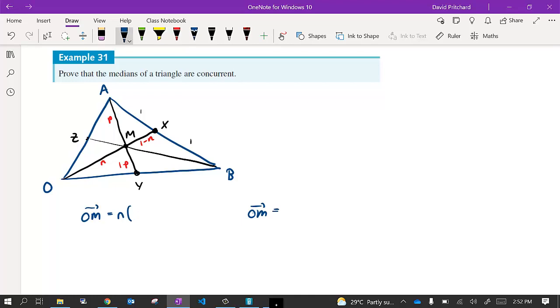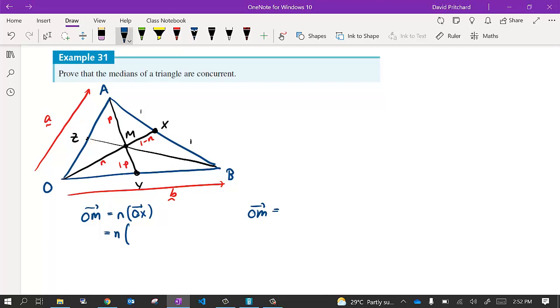So it's a ratio of the vector OX. Now OX can be defined as well. So OX, I should have earlier stated these. This is vector A, and this is vector B. We'll do everything in terms of the direction vectors A and B.